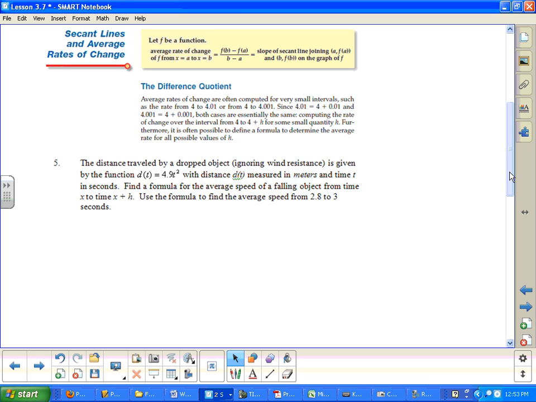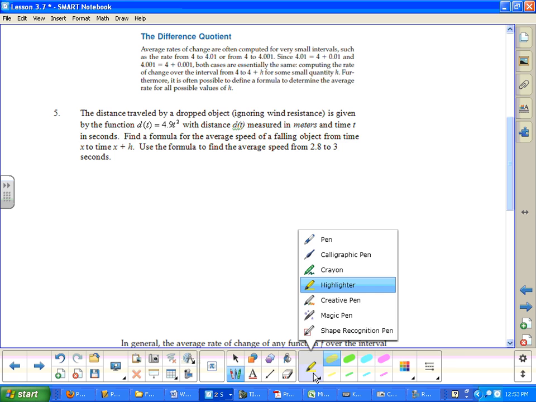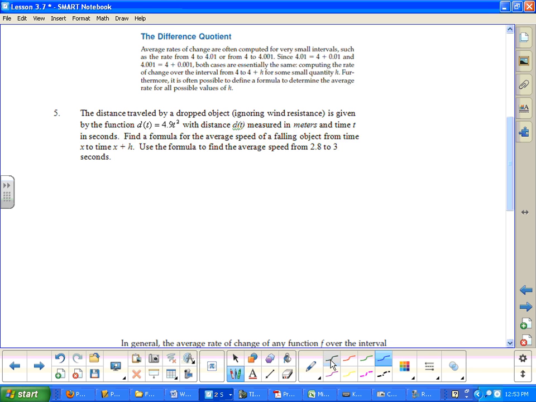All right, so we're going to use the difference quotient here for this problem. So we've got 4.9 t squared as our function. So we're going to do the difference quotient. What's the difference quotient look like, first of all?